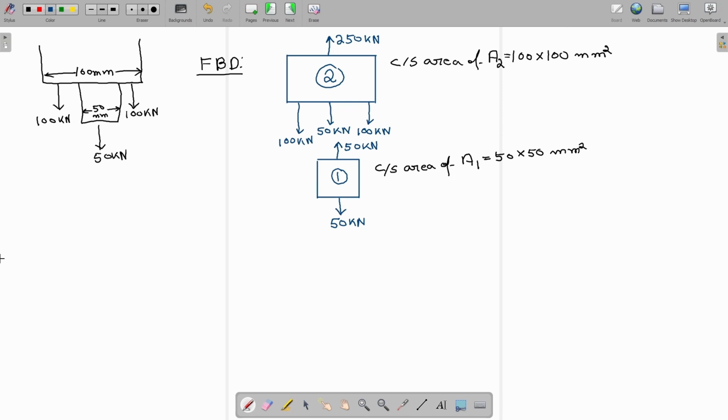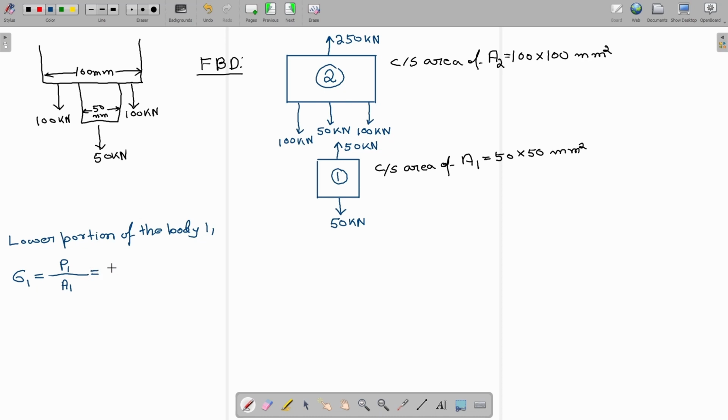Now I can write it like this. Let us find the stress at the lower portion of the body, body 1. The stress is given by P1 by A1.